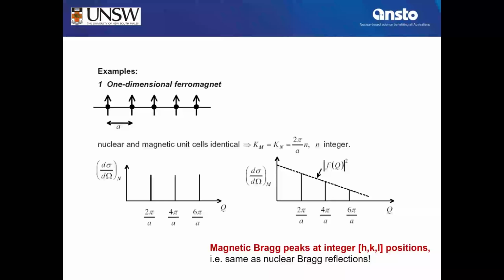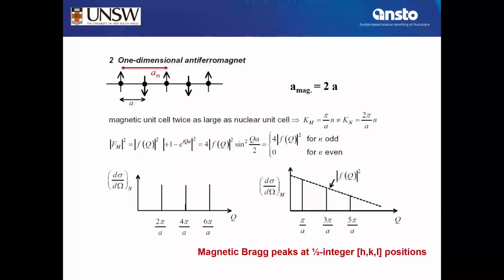So where are the Bragg peak positions located? They are 2 pi over A, integer values. So we get magnetic Bragg peaks on top of the nuclear Bragg peaks. And now we have that challenge that we need a technique, how can we distinguish between nuclear and magnetic scattering.